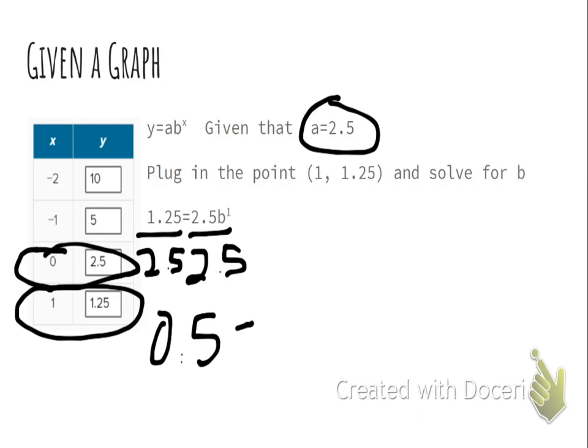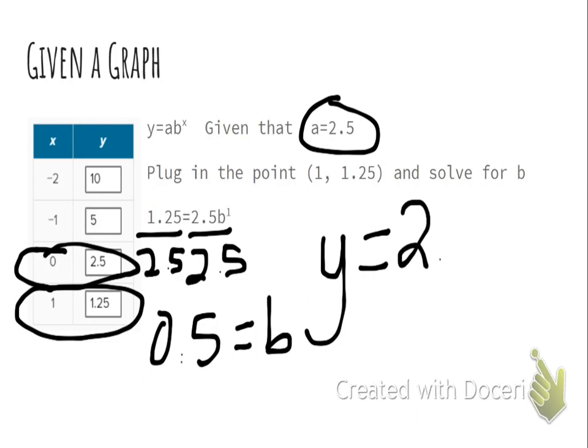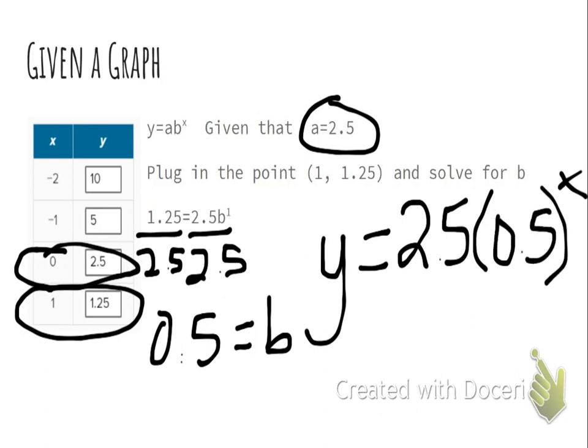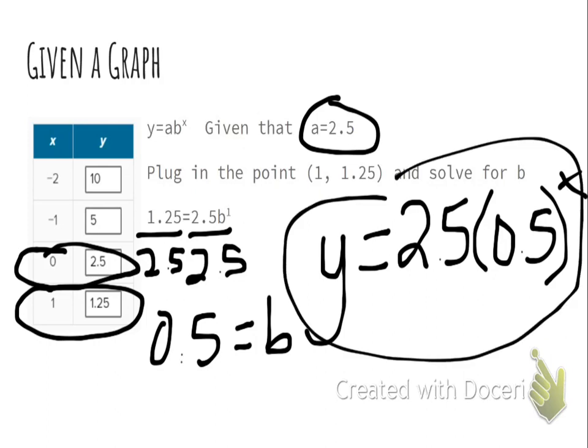So I know that b to the first, which is just b, is equal to 0.5. So now we have enough information to write our equation. Y equals a, which is 2.5, times b, which is 0.5, raised to the x power. And there you have it. There is your equation using the information from the graph.